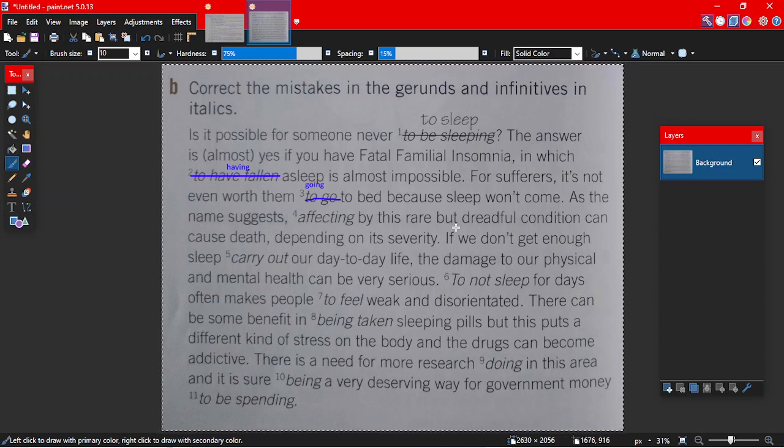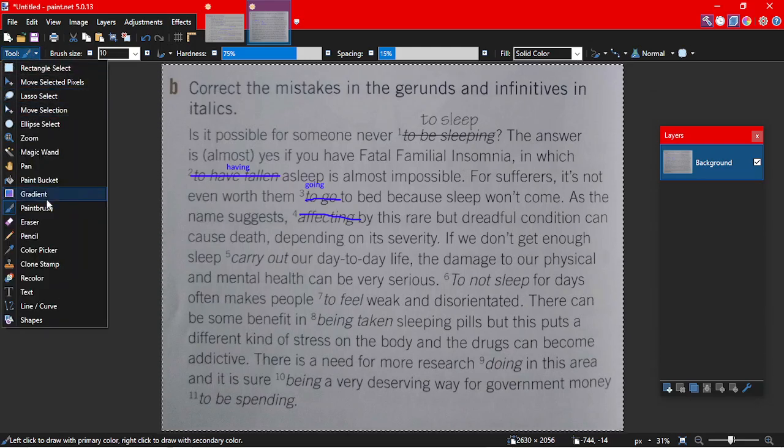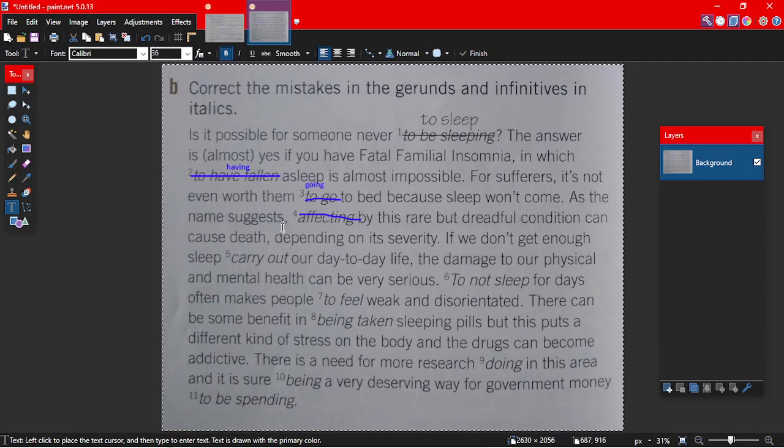As the name suggests, this one is a bit of a tricky one, it's okay.